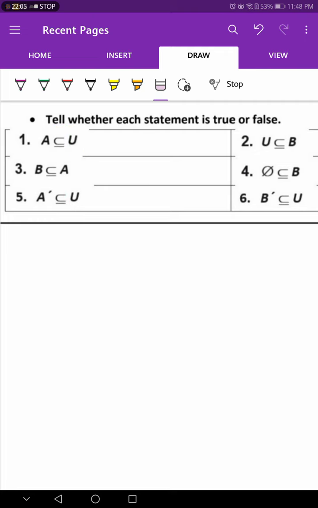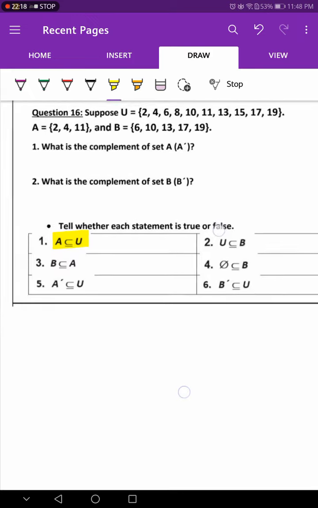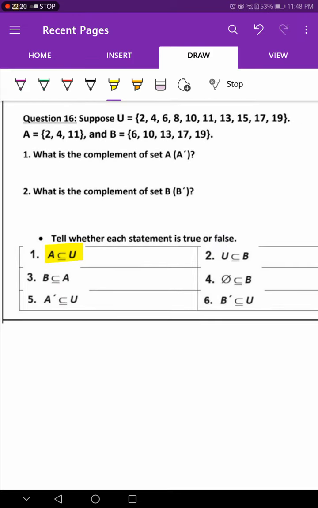Tell whether each statement is true or false. A subset of U. What is A, teacher? What is U? Actually, you have to come back here and check.